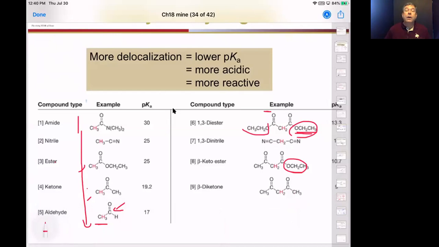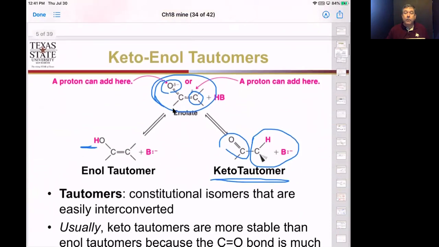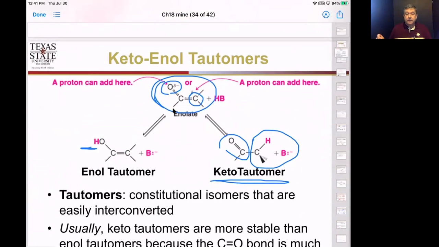So that's why those hydrogens are acidic and how you increase acidity by adding more electron withdrawing groups. That's number one. And then I already mentioned number two, that keto-enol is not resonance. Resonance is just moving electrons. In keto-enol, we are moving a hydrogen.